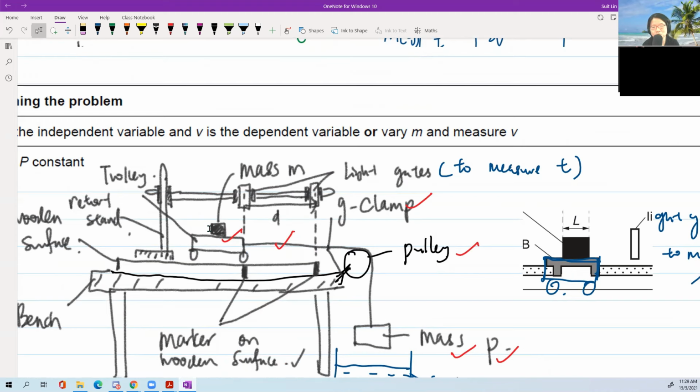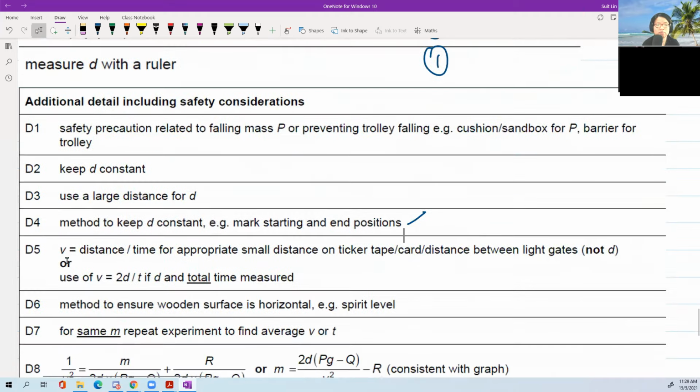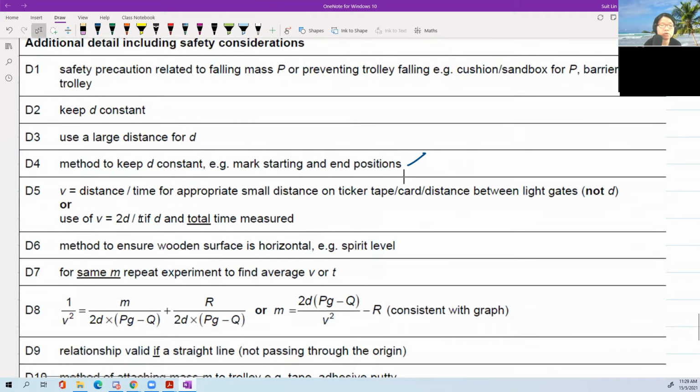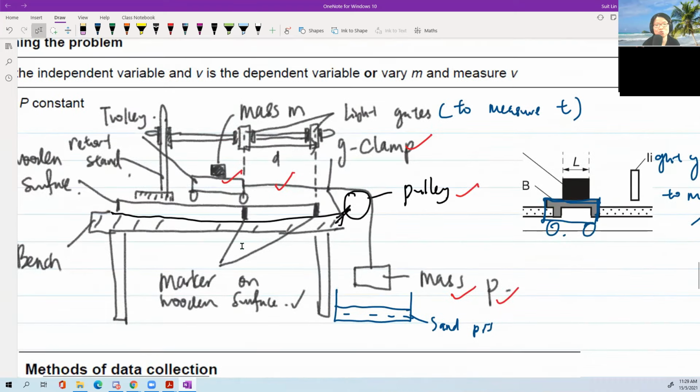When they say total time measured, it means you let go of P and you start your stopwatch. So it depends on the sentence. If I'm going to use 2D over T, I would just not use one of the light gates, but you can. I will add a label here: starting position.